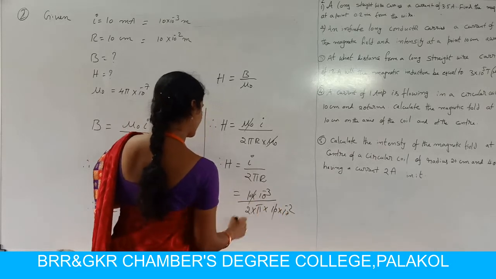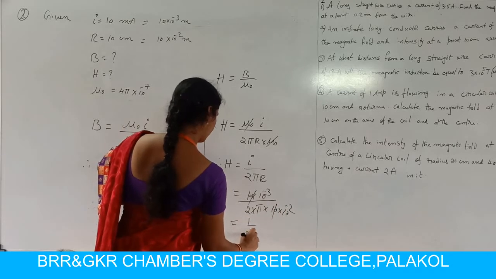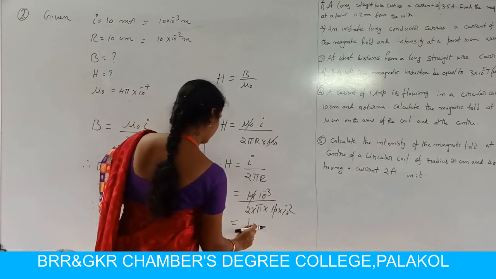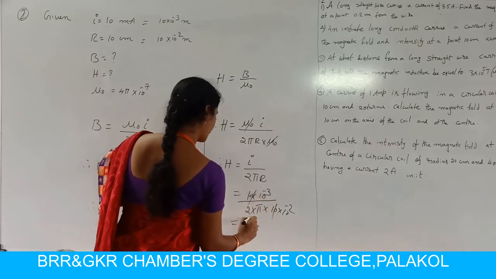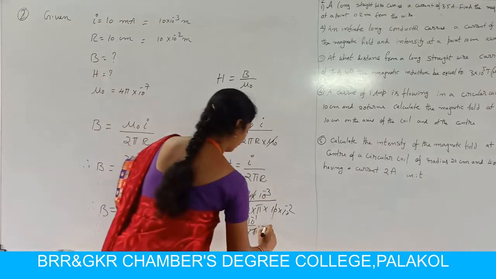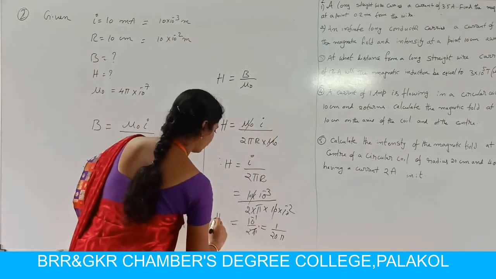Here 10 cancelling, this becomes 1 by 2 pi. Here 10 power minus 2, 10 power minus 3, 10 power minus 1. It means 1 by 20 pi. Then H is 1 by 20 pi.